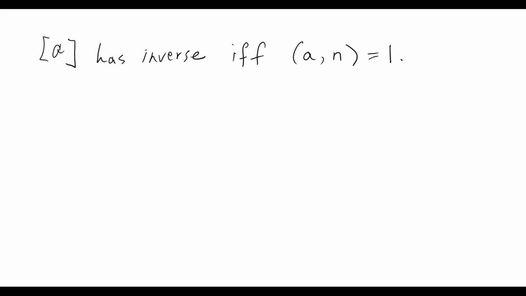In the last video, we talked about multiplicative inverses in Zn, and we found that an element a in Zn has a multiplicative inverse if and only if a and the modulus n are relatively prime. That is, the greatest common factor between a and n is equal to 1.